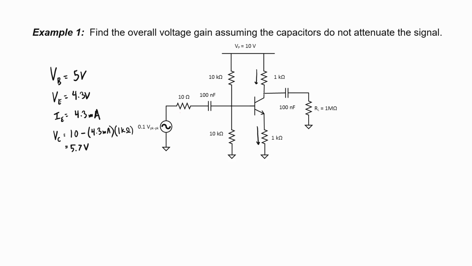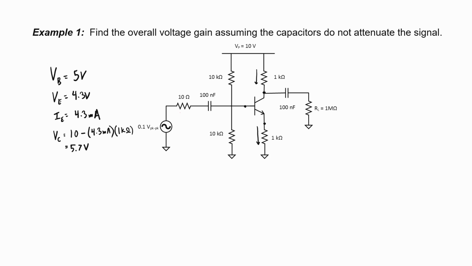Let's look at our voltages. We have 5.7 volts up here at the collector, we have 5 volts at the base, and we have 4.3 volts down here at the emitter. The voltages are properly progressing from high to low. Therefore, this transistor ought to be in the forward active mode. It's not saturated and it's not cut off.